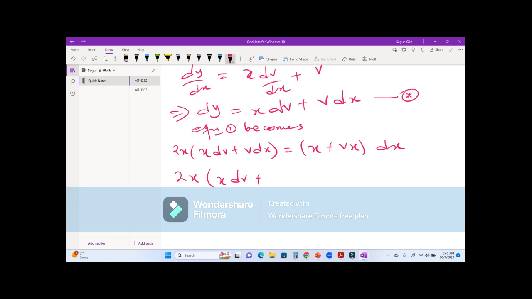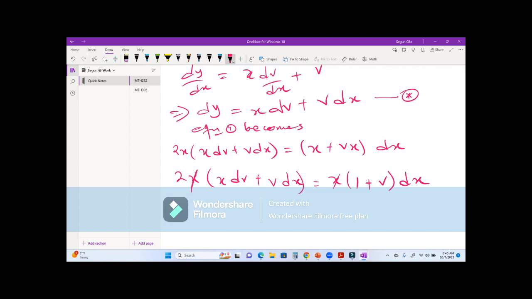EDS, VDS, which is the same thing as x is common here. I can factorize the x out by saying 1 plus v, the x. So this will go with this.